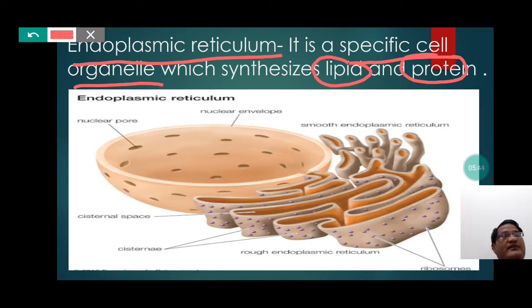So students, we can understand the concept of endoplasmic reticulum with the help of this picture, where we can notice endoplasmic reticulum written, in which we can find two different types of endoplasmic reticulum surrounding the nuclear envelope.